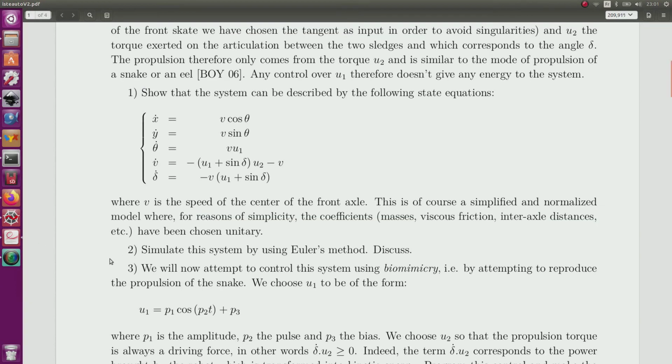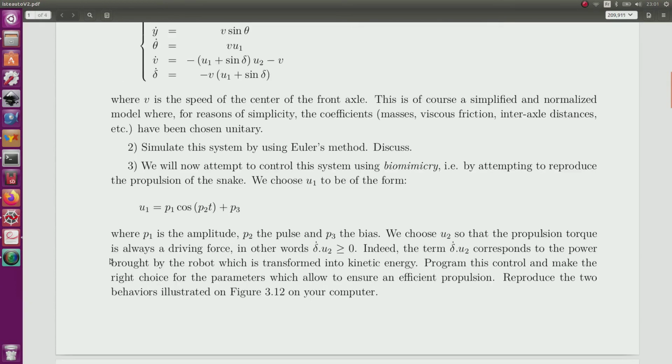And this is the question now. We'll attempt to control the system using a biomimicry approach, and to reproduce the propulsion of a snake or an eel. For this, we'll have to perform the oscillation with the front skate.